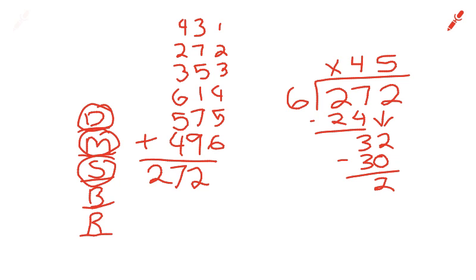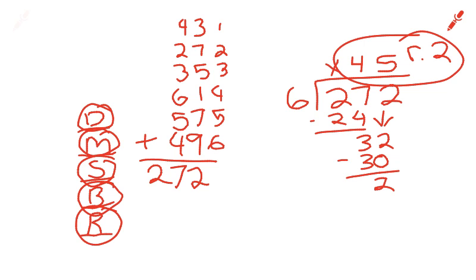We get 2. We do our brother step, bring down. There's nothing to bring down. So now we do our rover step of repeat or remainder. This is going to be our remainder, and our remainder goes to the top. 45 remainder 2 is the average amount.